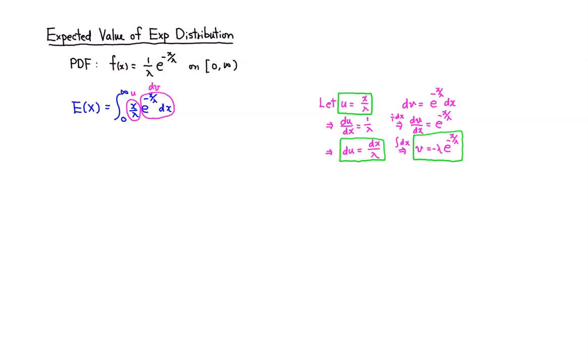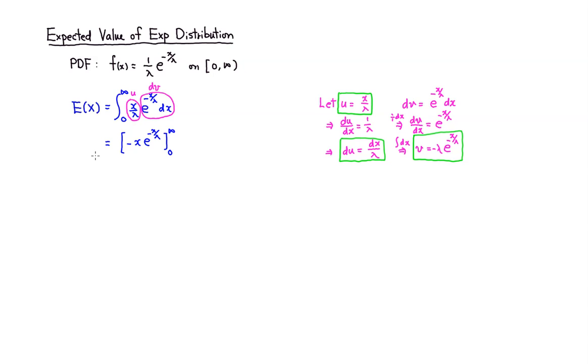All right, so let's do that. So uv: the lambda cancels out, so you have negative x e to the negative x over lambda. I'm going to be a little lazy and go from 0 to infinity instead of replacing with b and taking the limit. We all know what this means.